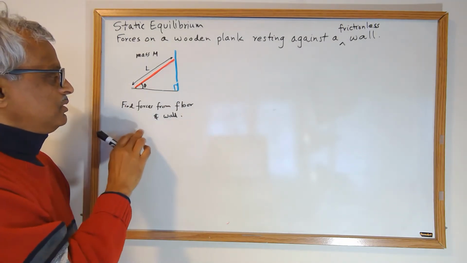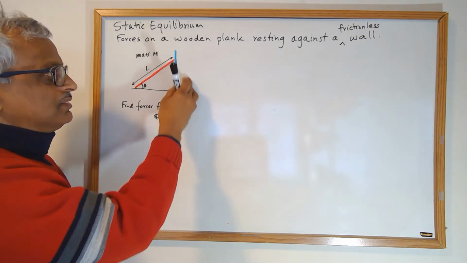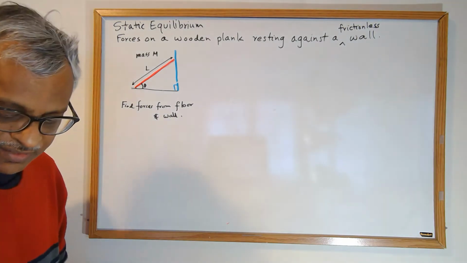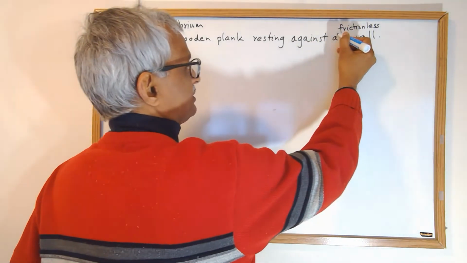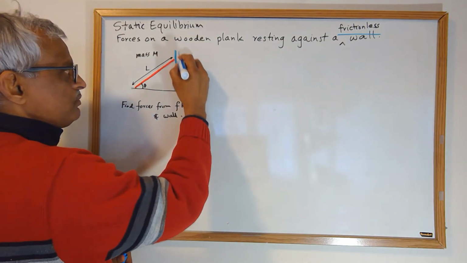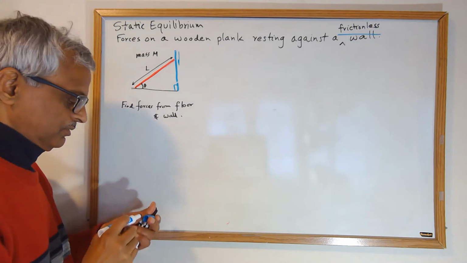We're supposed to get the forces, and this wall is frictionless. So it's important. I separated that out over here as a frictionless wall. So there is no friction across it. There's no force in that direction on the ladder.